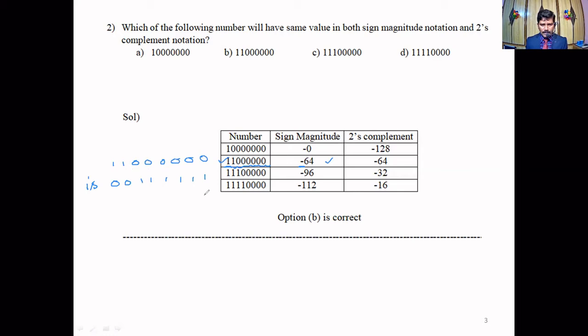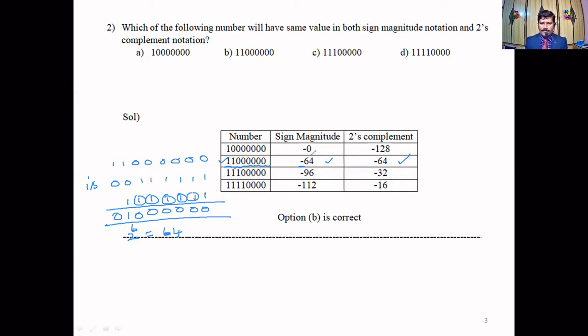To find the 2's complement, add 1. 1 plus 1 is 0, a carry, and so on for each bit, then 0 plus 1 is 1, and this is 0. Now 2 power 6 equals 64, so this is minus 64.